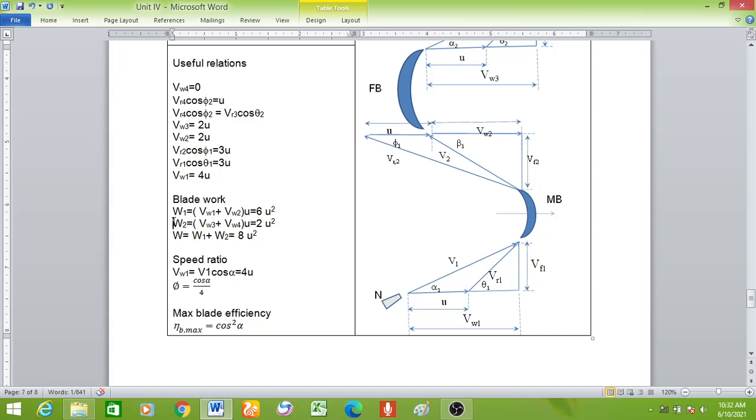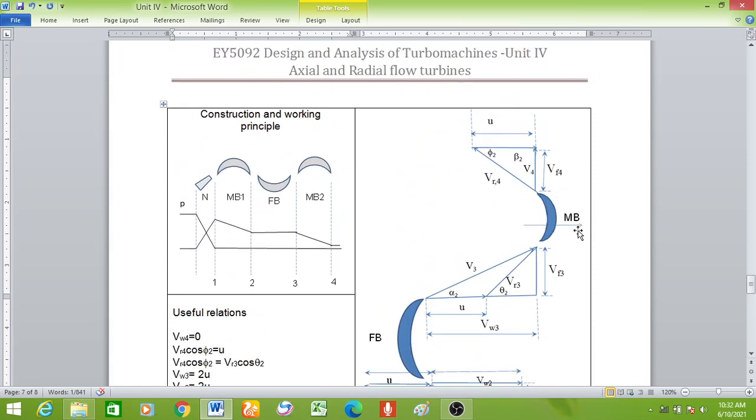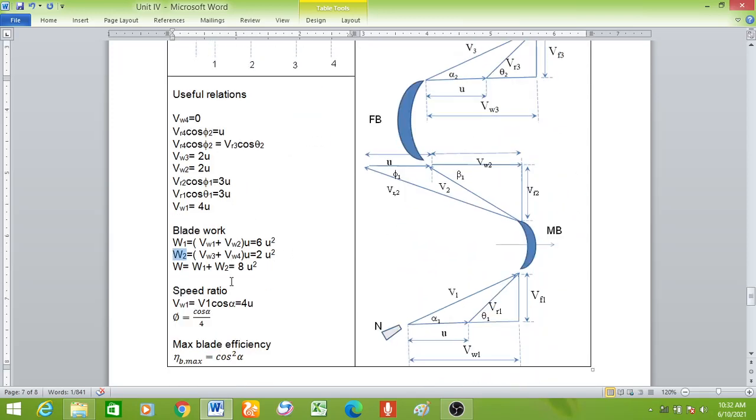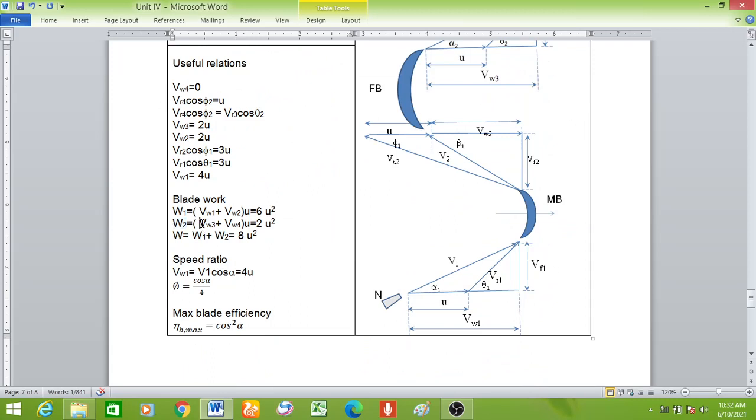Similarly, if you want to find the blade work of the second set of moving blade, here beta is 90, there is no whirl component. Anyway, I have used the expression (Vw3 plus Vw4) into u. Vw4 is 0, so you have only Vw3, which is equal to 2 times u.